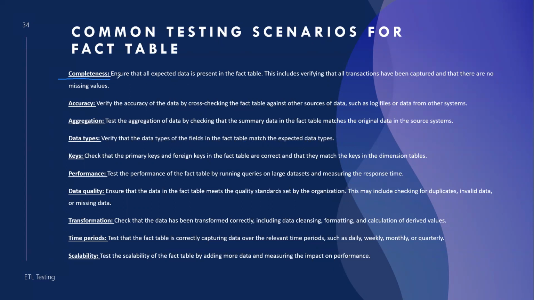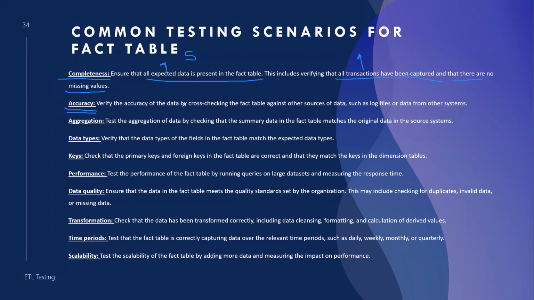Ensure that all the expected data is present in the fact table. Expected data means it should match the source records. This includes verification that all the transactions have been captured and there are no missing values. So you match the count between the source and the dimension or fact tables.